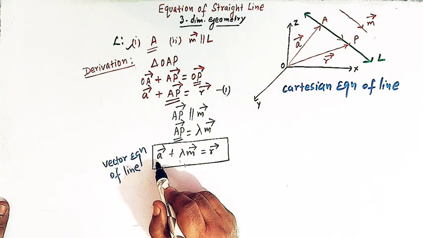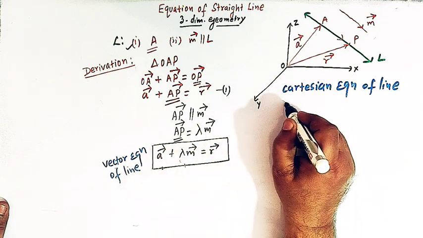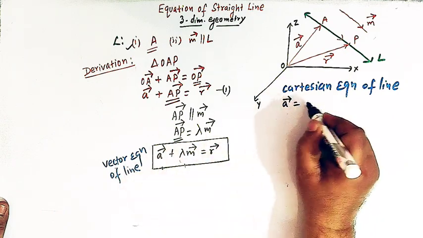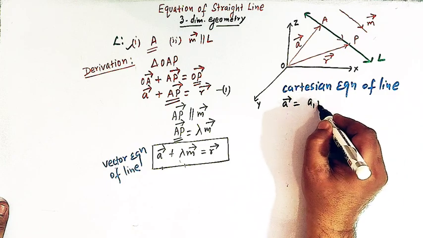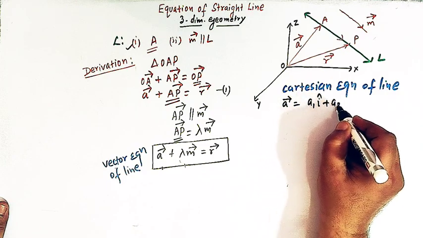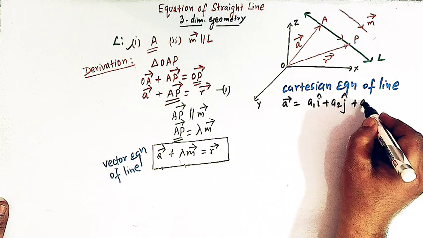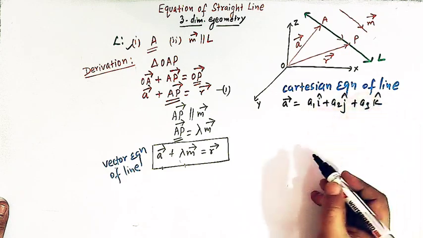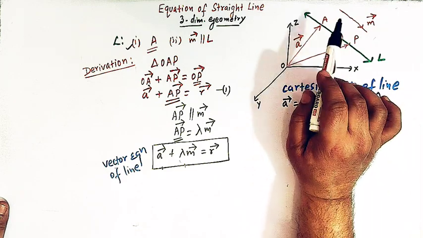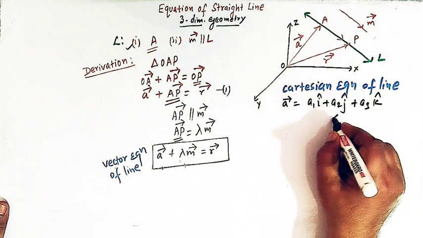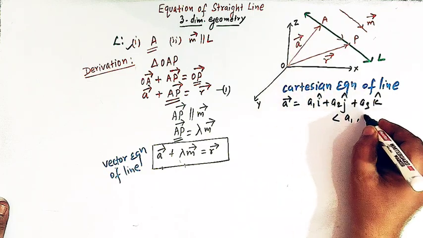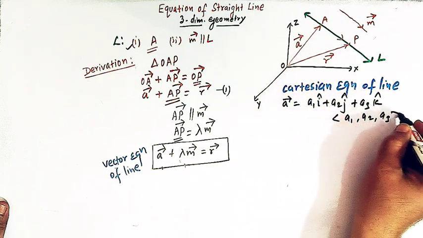Now, see here we have vector A. Let us express vector A as a1 i cap plus a2 j cap plus a3 k cap. So this point A has the coordinates a1, a2 and a3.